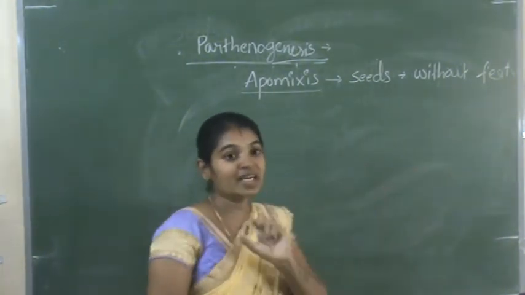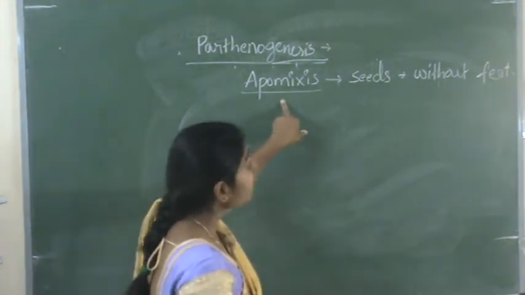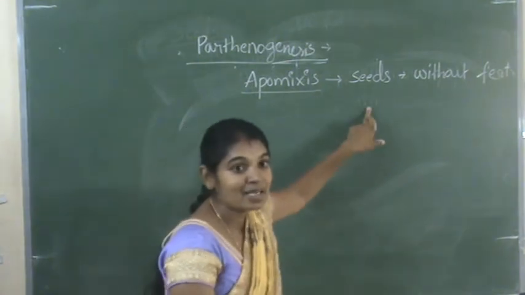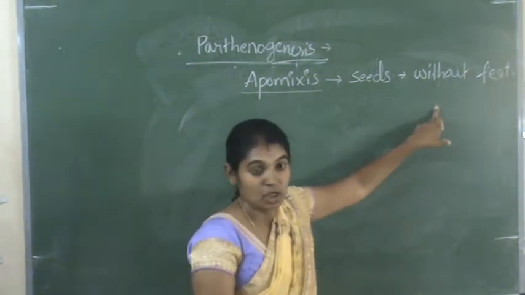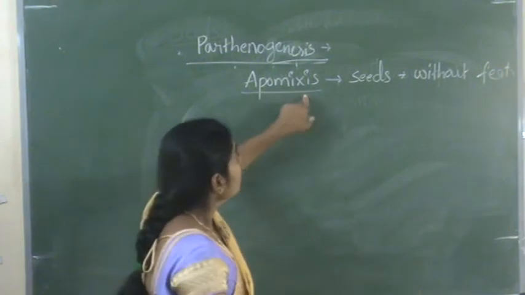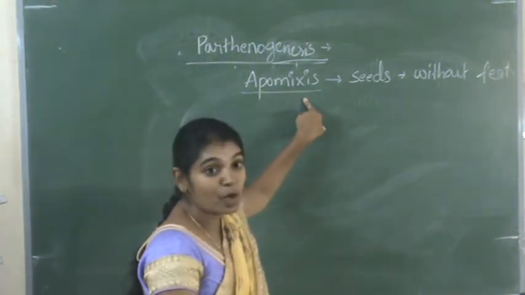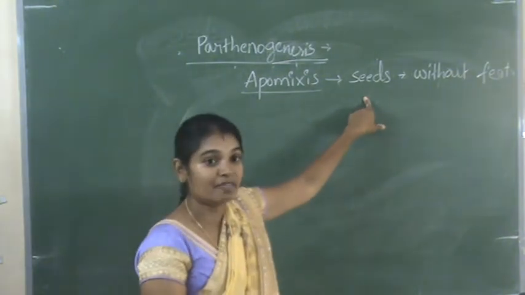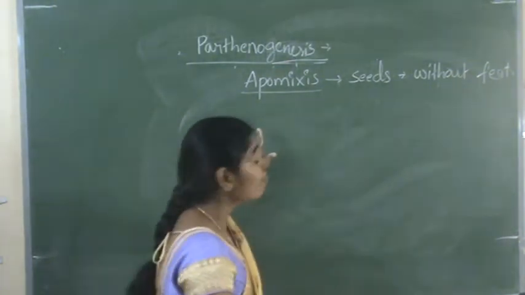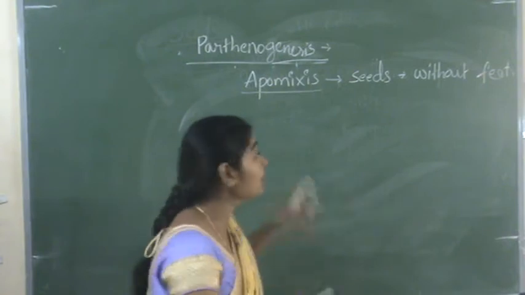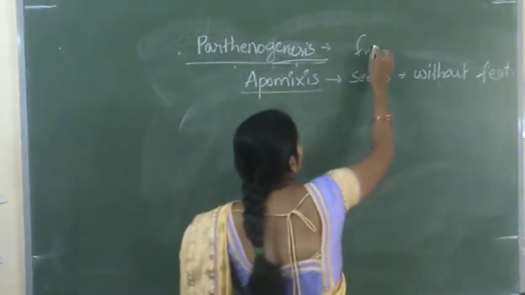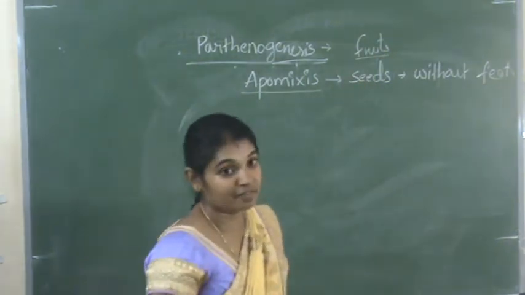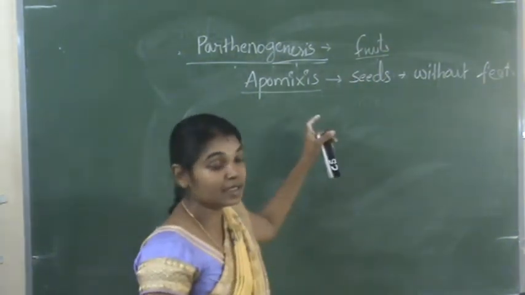So here is a very small difference. Apomixis is the developing of seeds without fertilization, and parthenocarpy is the developing of fruits without fertilization. So it's a small difference.